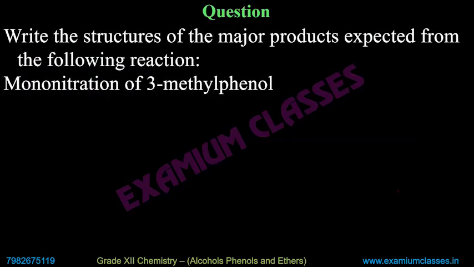Now the question. Write the structure of the major products expected from the following reaction. Mononitration of 3-methyl phenol.